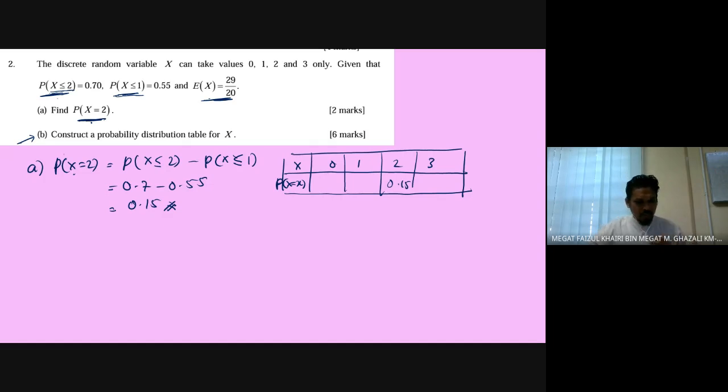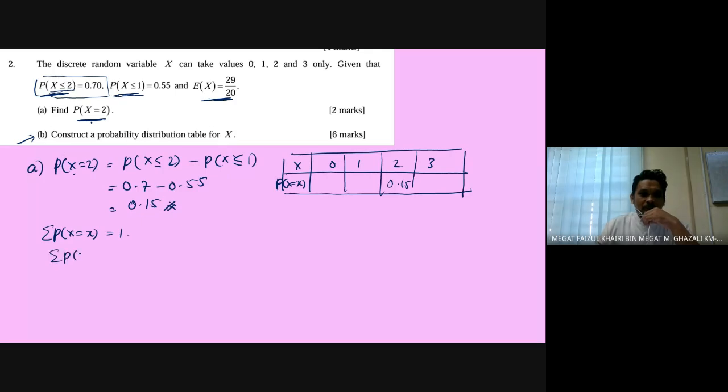What else do we need to find here? Okay, class, we know that the total of all the probabilities is equal to 1.